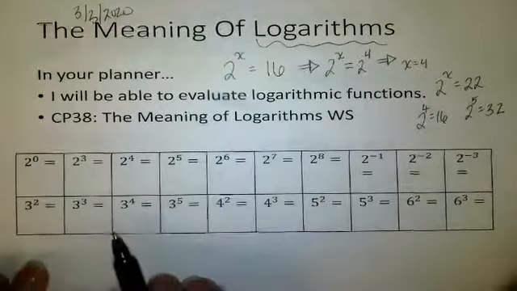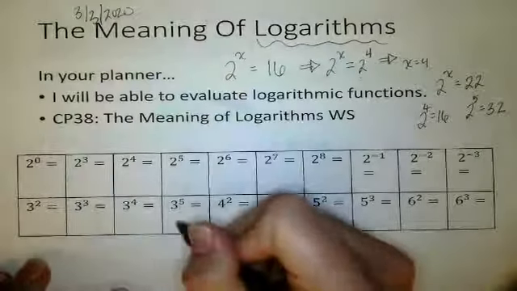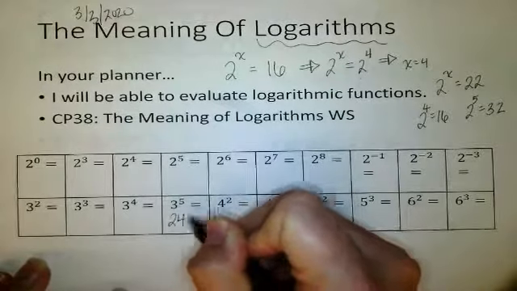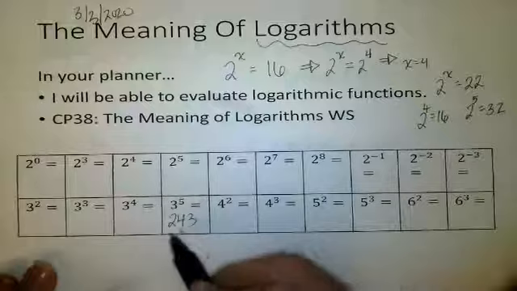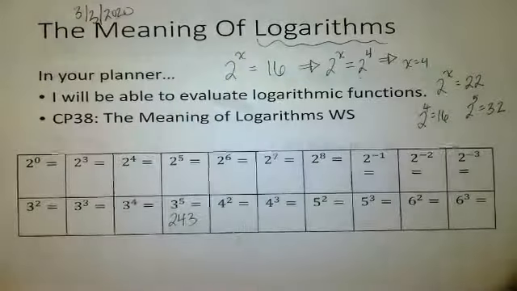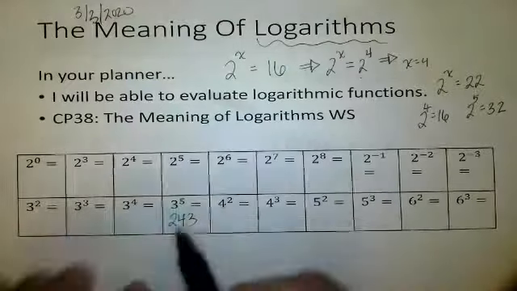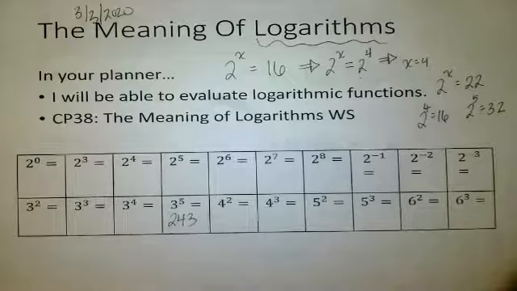Just a few of my favorites. 3 to the 5th is 243. I don't know why I really like this one, but when I look at it, I see 2, 3, 4, 5. It's totally stupid, right?